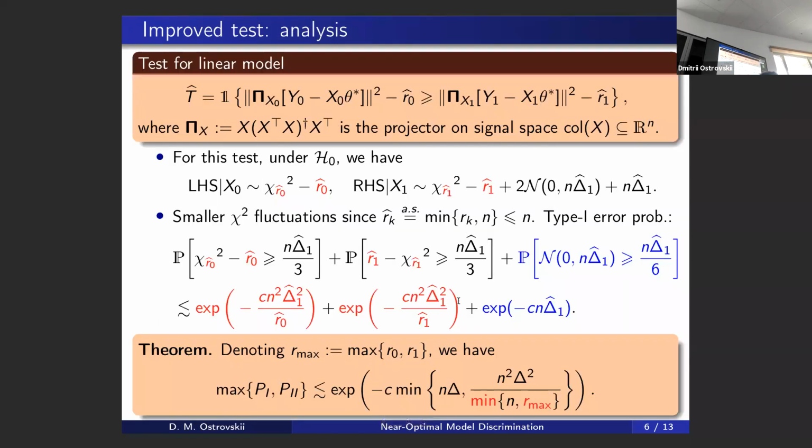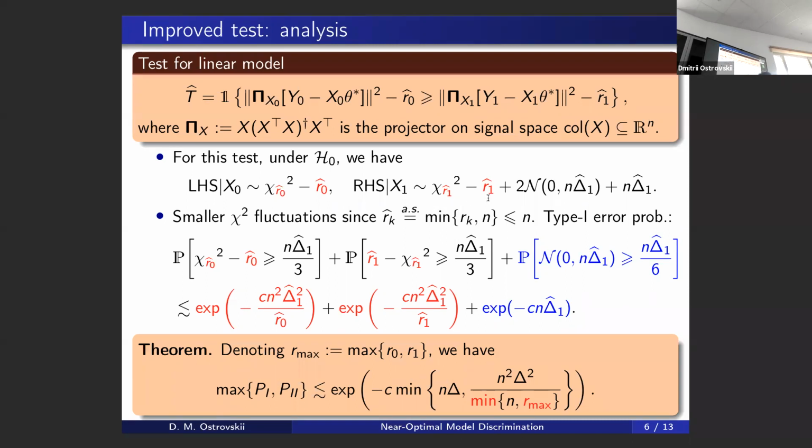Okay, so let's look at this improved test. Again, I consider H0 without loss of generality. Now I condition over the whole design, over the entire design. So conditionally on x0, the left-hand side is distributed as a central chi-square with R0 hat degrees of freedom.